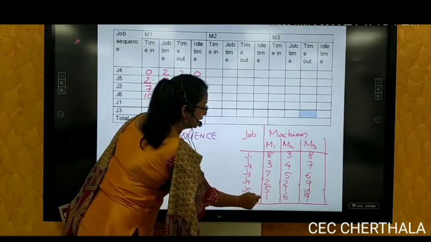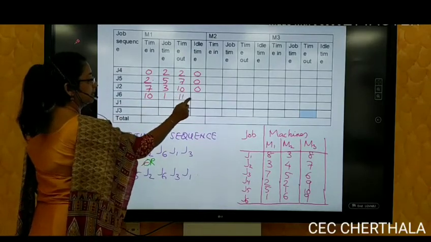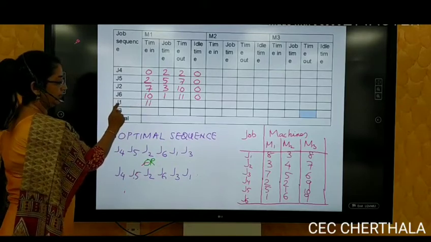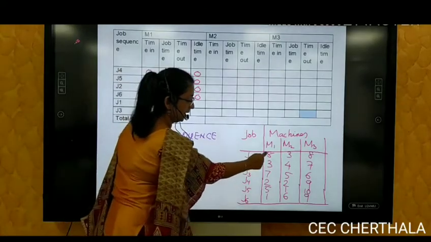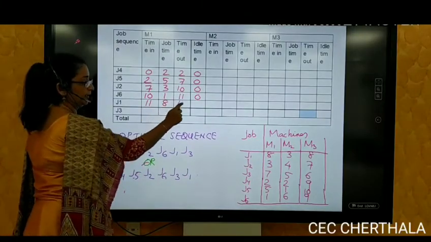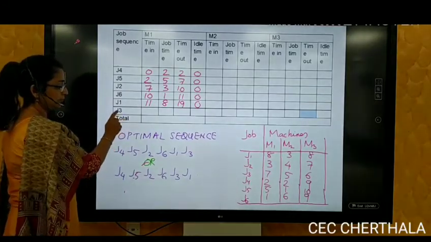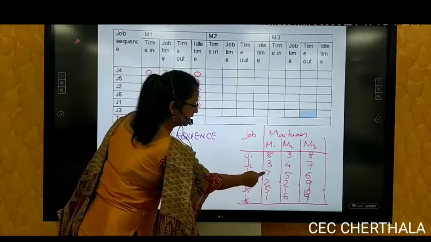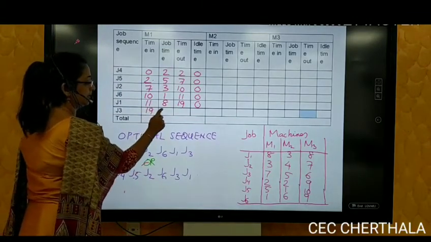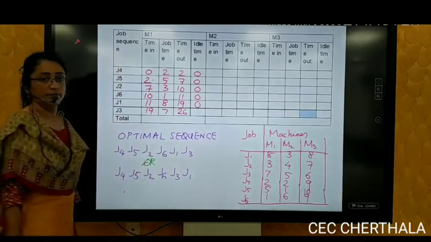The time is 1 day at machine M1, so 10 plus 1, 11, idle time 0. Now J1 takes 8 days at machine M1, 11 plus 8, 19, idle time 0. And the last job J3 takes 7 days at machine M1. So 19 plus 7 is 26.